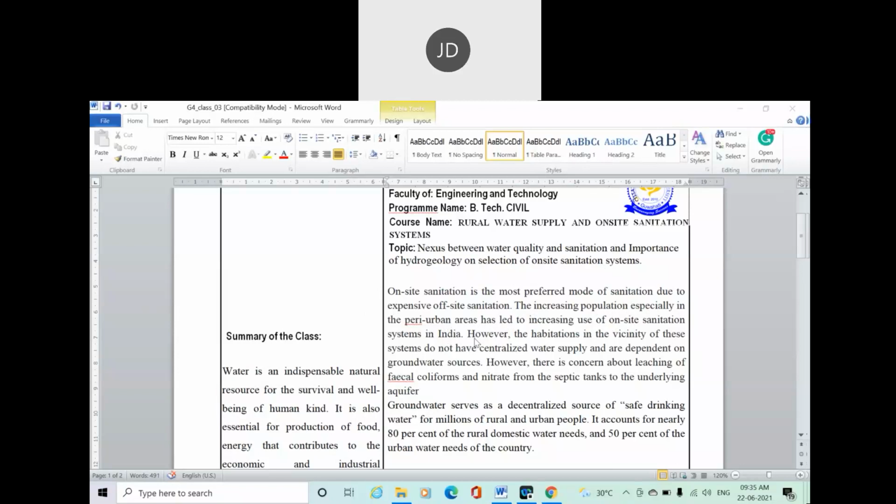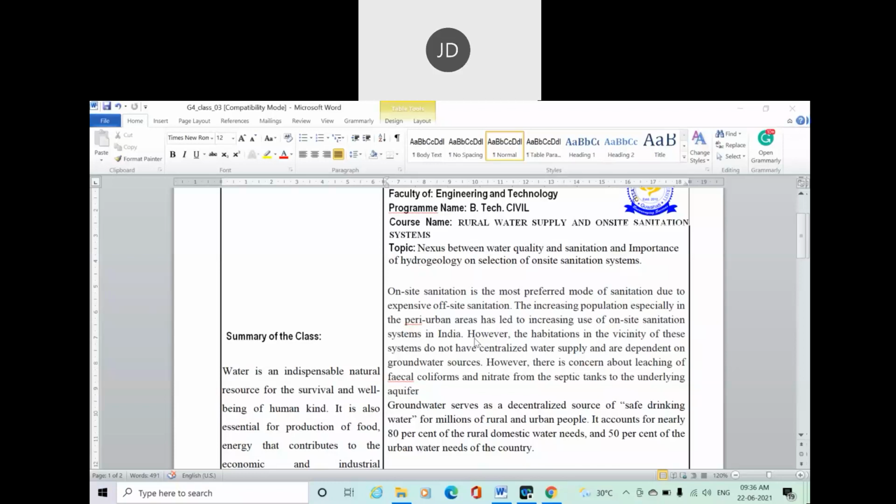However, the habitations in the vicinity of these systems do not have a centralized water supply and are dependent on groundwater sources. In the semi-urban or rural areas we are talking about, most households are not connected to a centralized water supply.